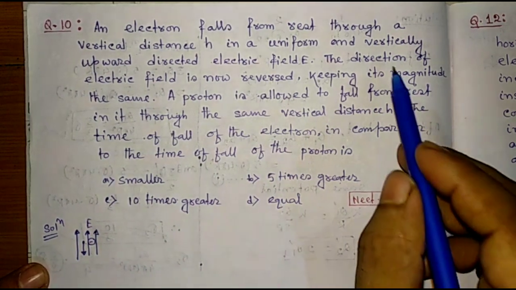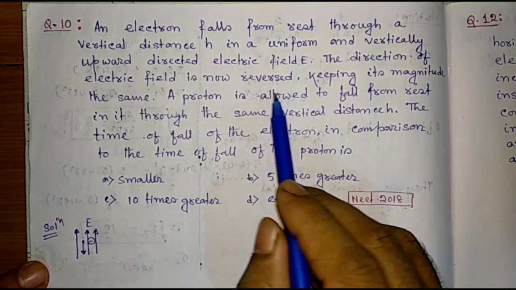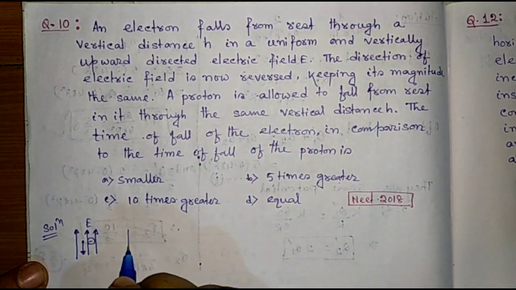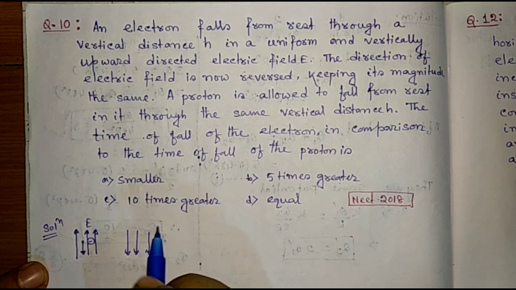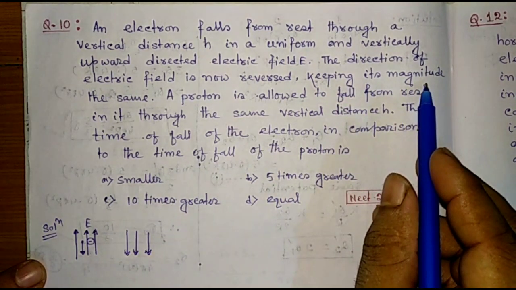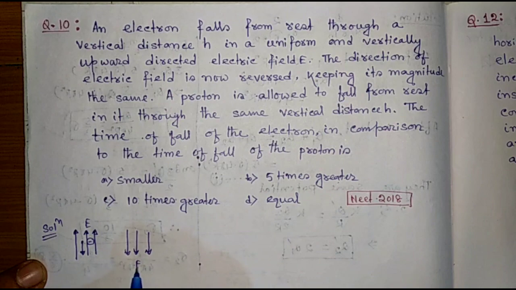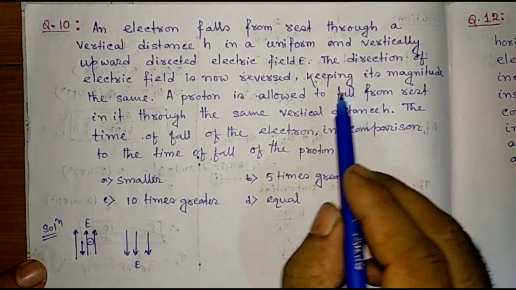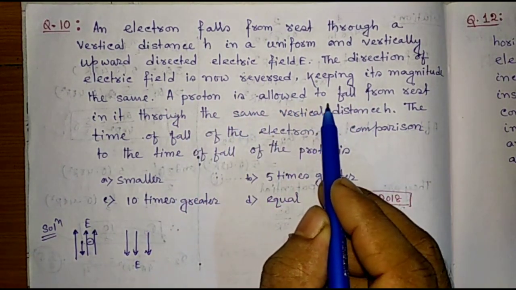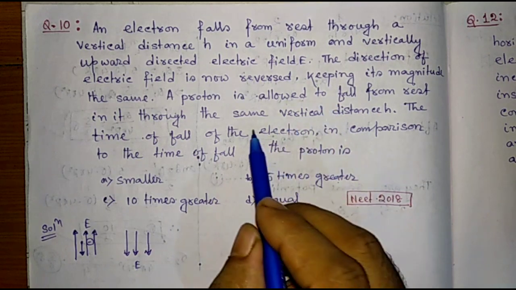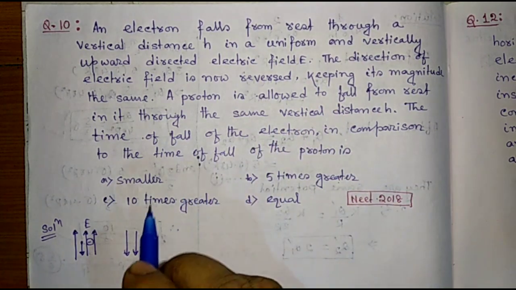Now the direction of the electric field is reversed, keeping its magnitude the same. Here a proton is allowed to fall from rest through the same vertical distance h.